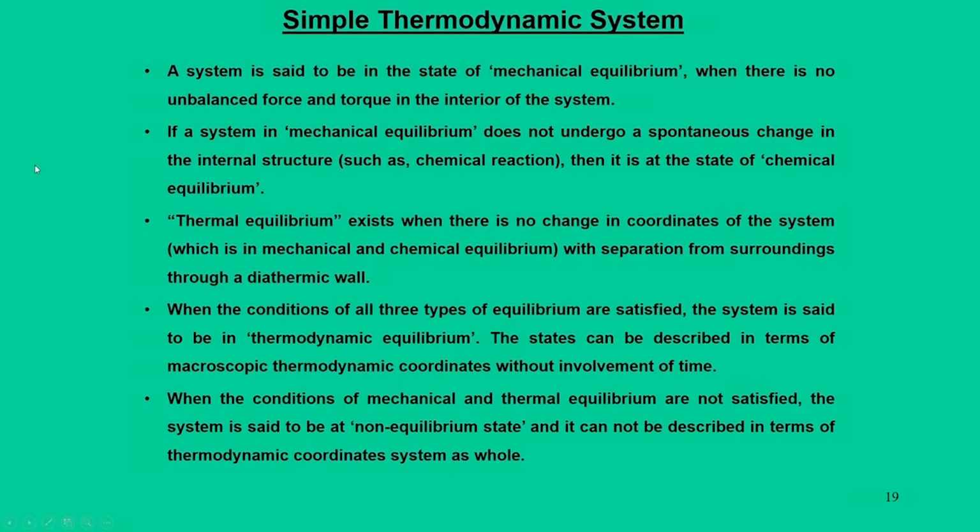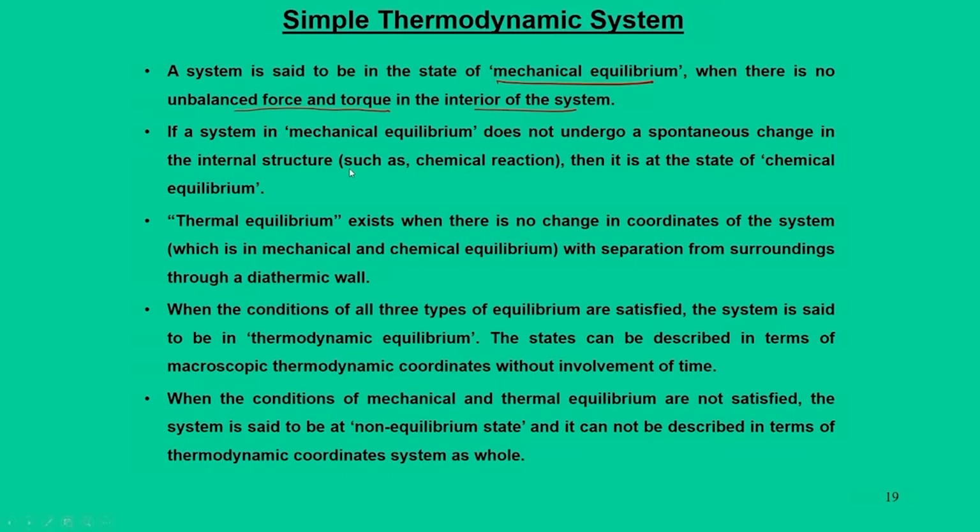First is mechanical equilibrium, and there we say that there is no unbalanced force and torque in the system. But this mechanical equilibrium does not include the change or reactions that is happening within the internal structure of the systems. So, if that happens, thermal equilibrium is not possible.